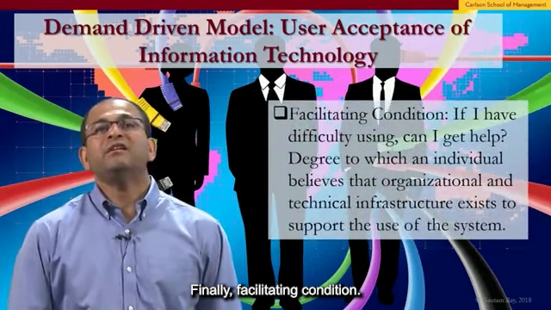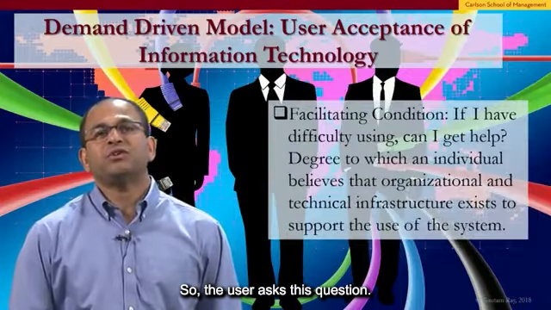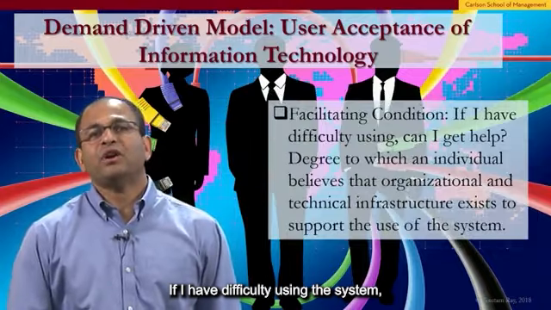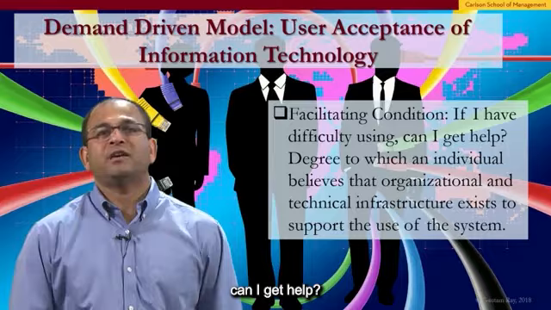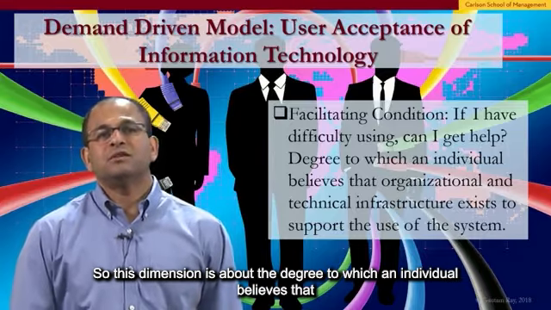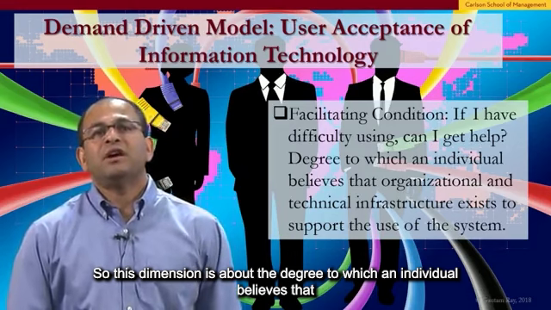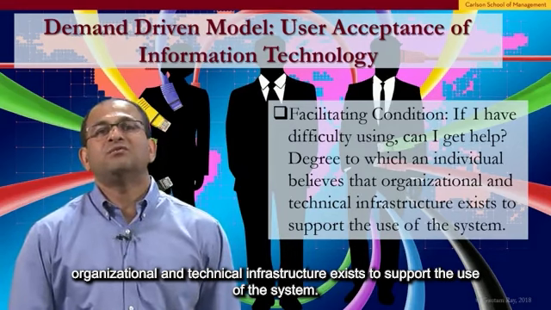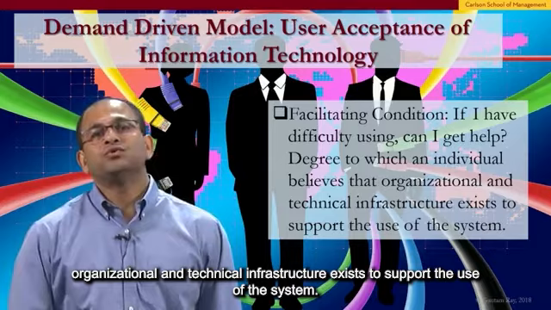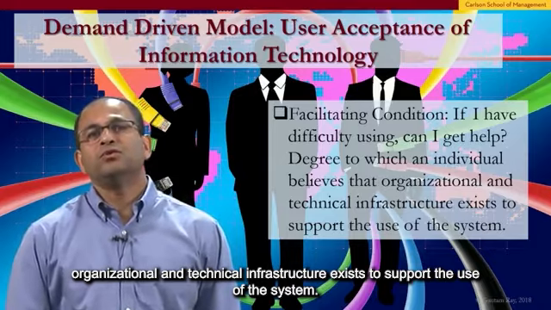Finally, facilitating condition. So the user asks this question: if I have difficulty using the system, can I get help? So this dimension is about the degree to which an individual believes that organizational and technical infrastructure exists to support the use of the system.